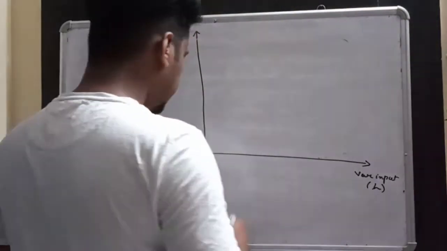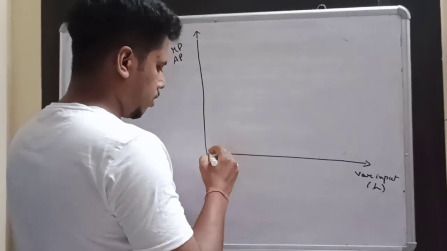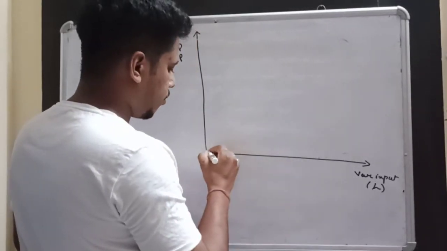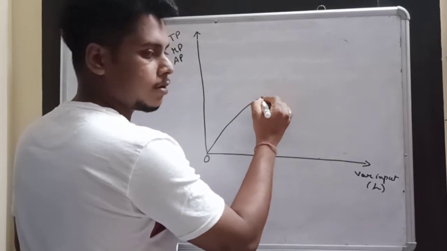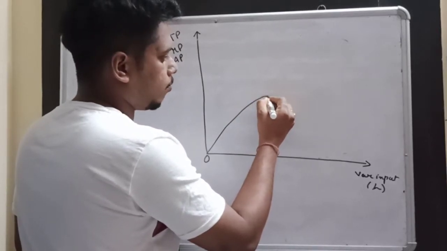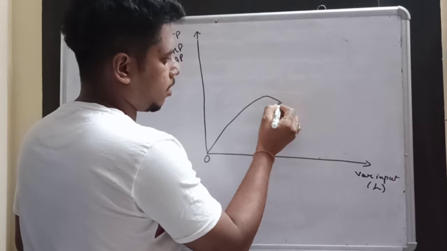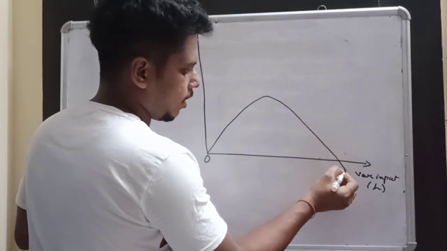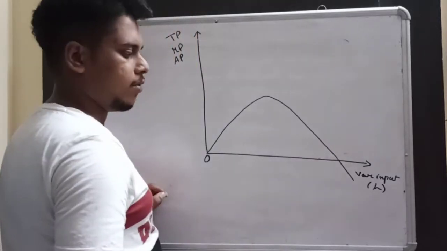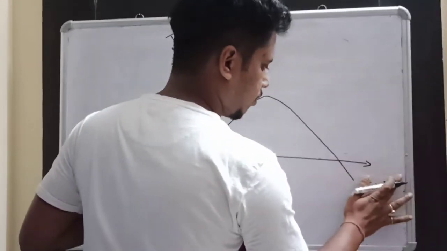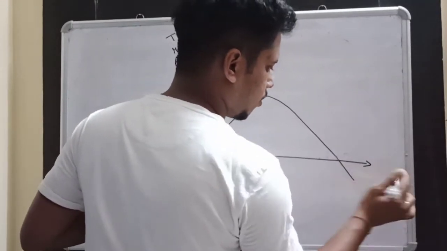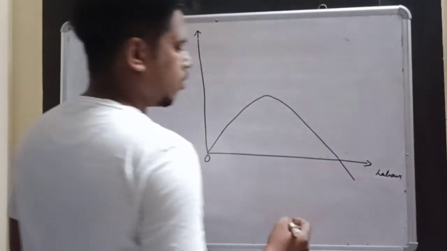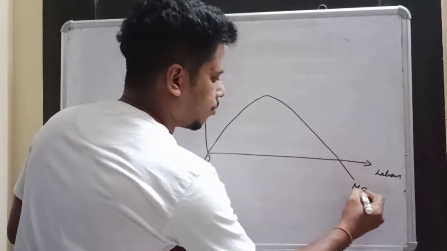Initially, as we go on increasing labor, marginal product increases, reaches a maximum point over here, and then starts falling. It becomes zero over here, and eventually it becomes negative. This is the curve of marginal product.